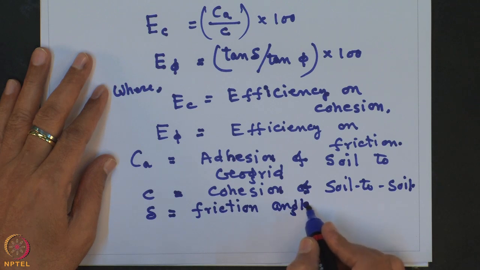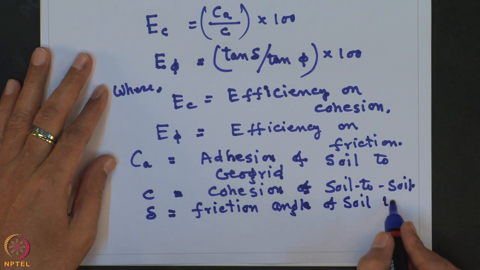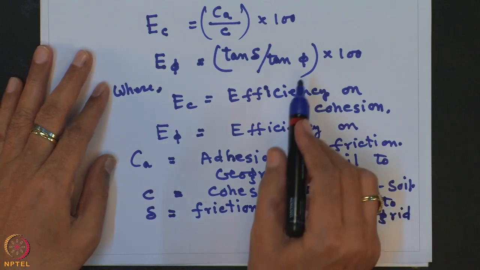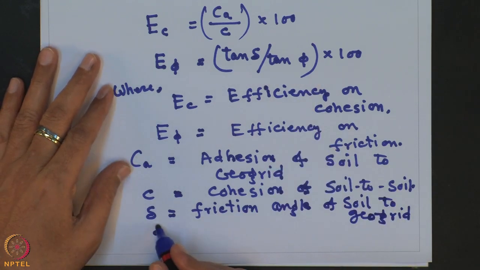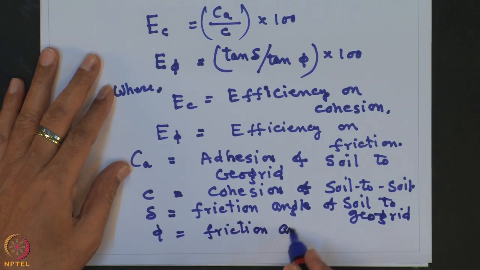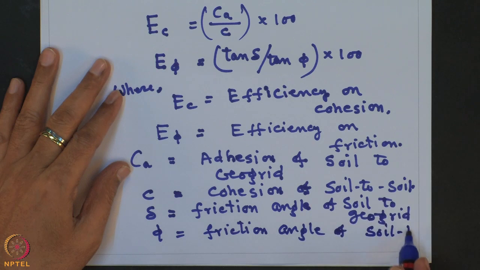of soil to geogrid, and phi is the friction angle of soil to soil.